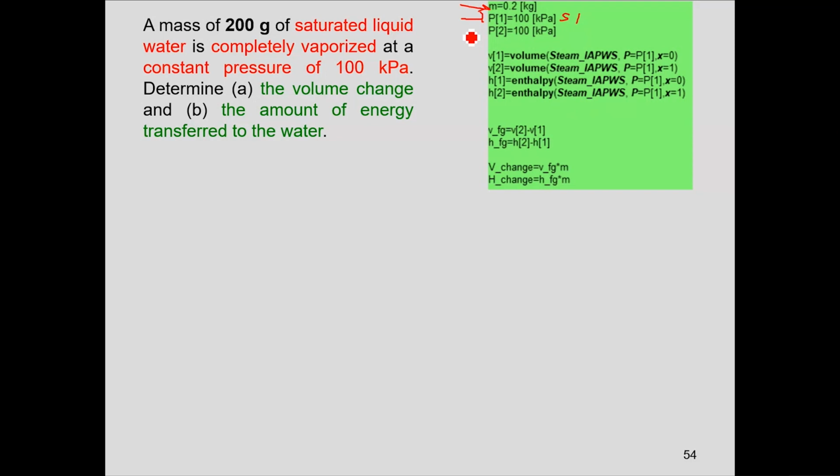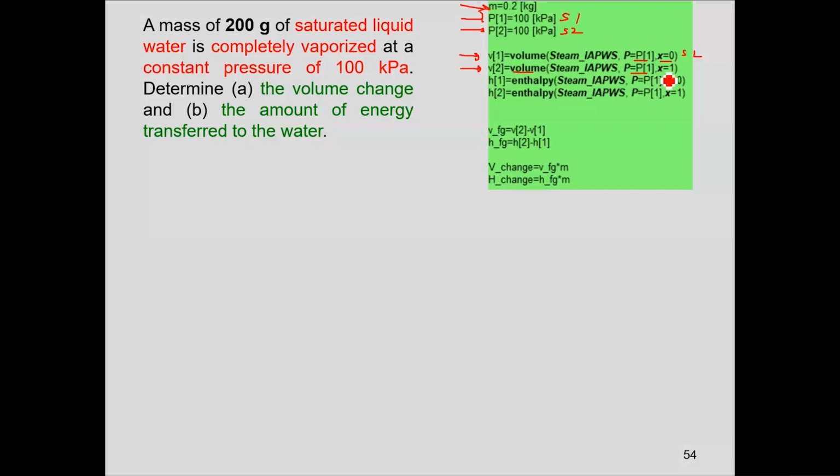Specific volume is stored in column V row 1 for the state where your pressure is state 1 pressure and x equals 0, that is saturated liquid. Similarly, specific volume stored in row 2, you'll use the function volume, pressure equals P1 stored in V1, and x equals 1 for saturated vapor.